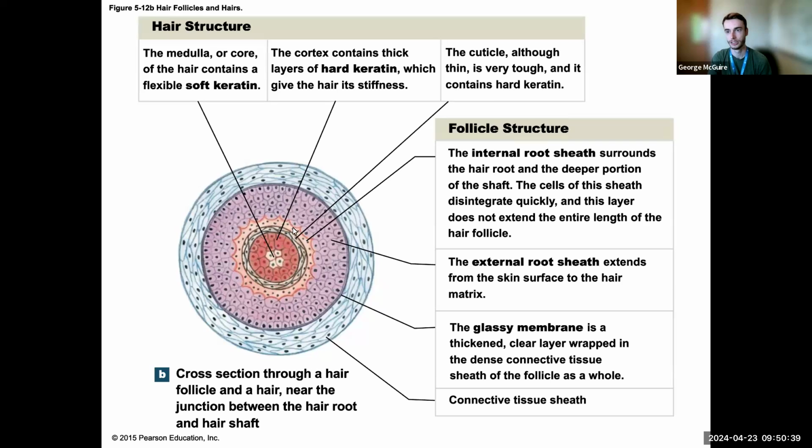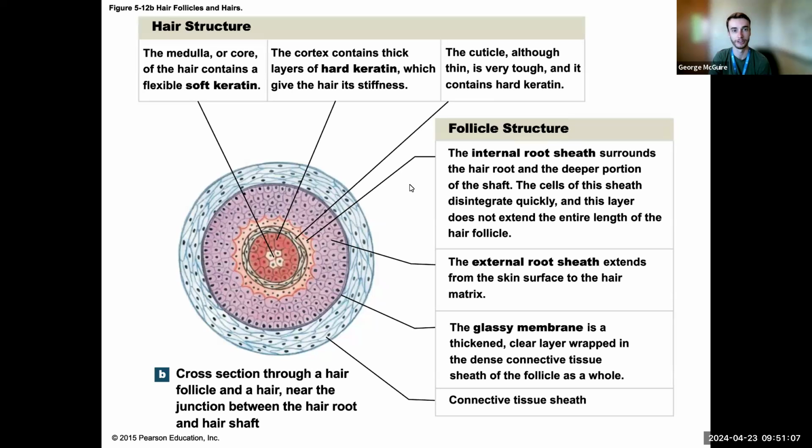But in our follicle, we have an internal root sheath surrounding that, an external root sheath surrounding the internal one, a glassy membrane, and then just connective tissue surrounding it. And these are all just supporting structures there to help keep that hair connected to the dermis, to help reproduce more keratinocytes and keep up the structure of the hair itself.